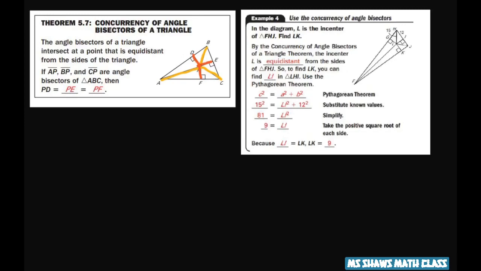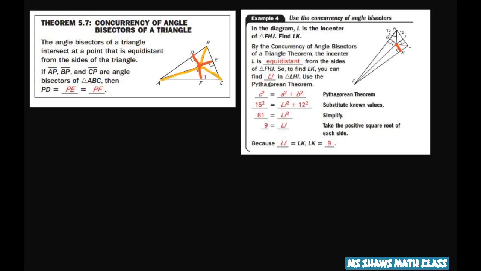All right, and so here's an example. Use the concurrency of angle bisectors. So let's see. We got to find LK. So we got to find this one right there.